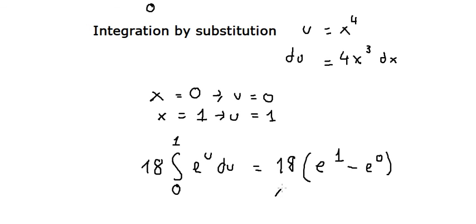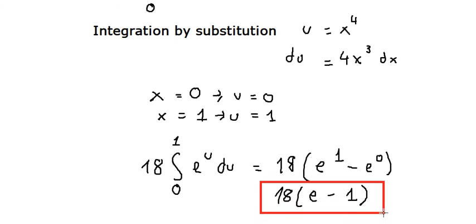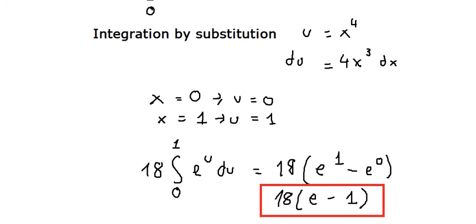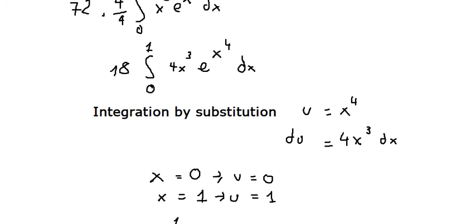So we get 18 multiplied by e minus 1. And this is the final answer. And here is the full answer for the question.